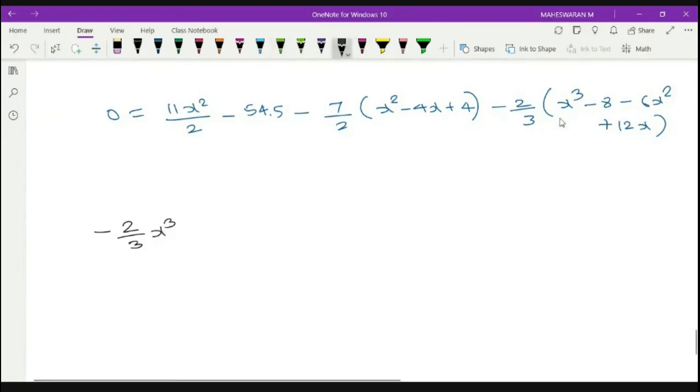This part is over. Next, when we go to x square, what are the terms having x square? Let me add it: plus 11 by 2, then minus 7 by 2, then minus into minus is plus, plus 12 by 3.